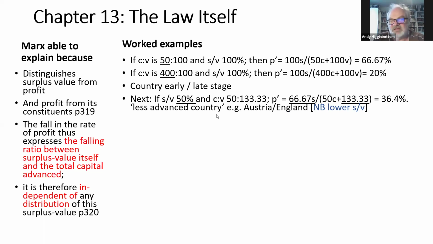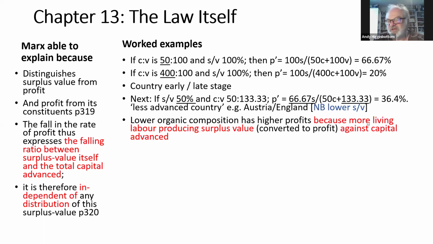And he sees this as characteristic of a country which is at a lower stage of development, which will also have a lower rate of surplus value. And that's quite a contentious point in terms of the reality which we have today. The lower organic composition has higher profits.